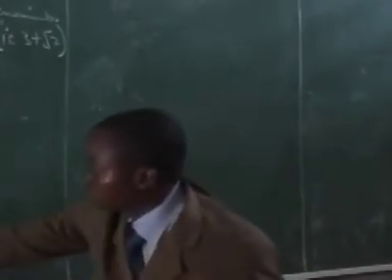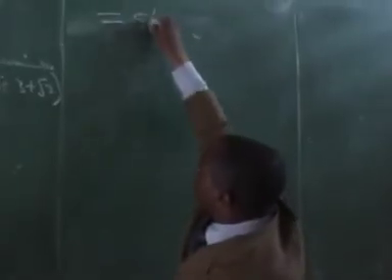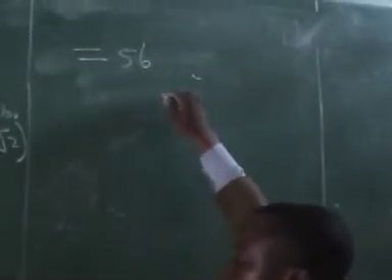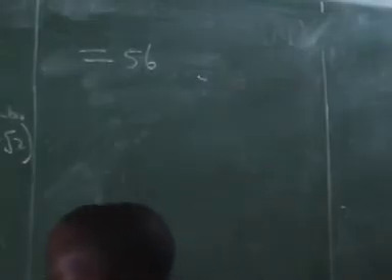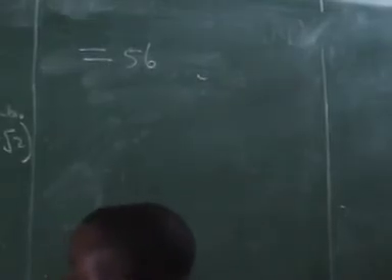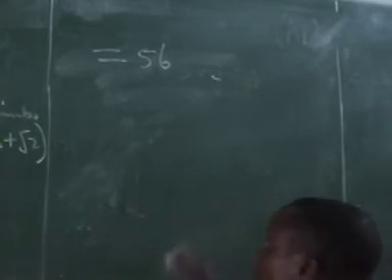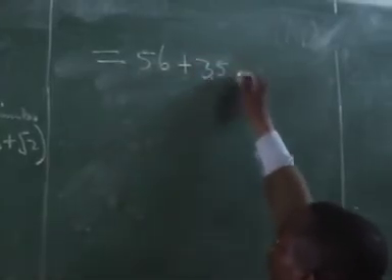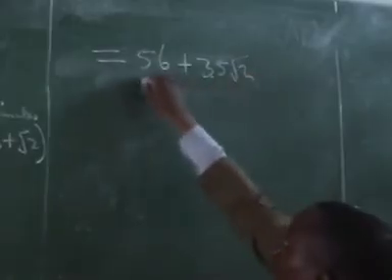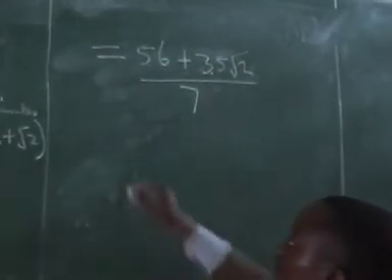Now 42 plus 14 will give us 56. Then we have 14 root 2 and 21 root 2, which are like terms, so we have plus 35 root 2, all over 9 minus 2, which is 7.